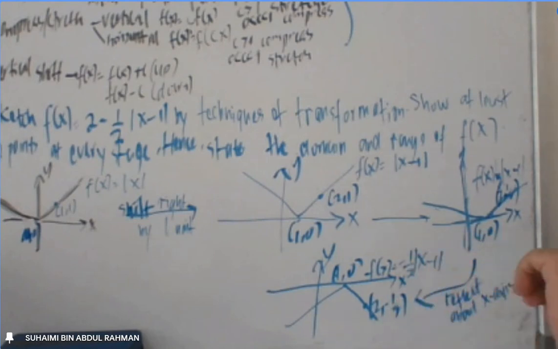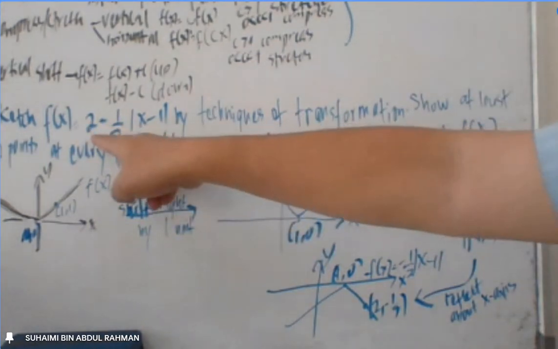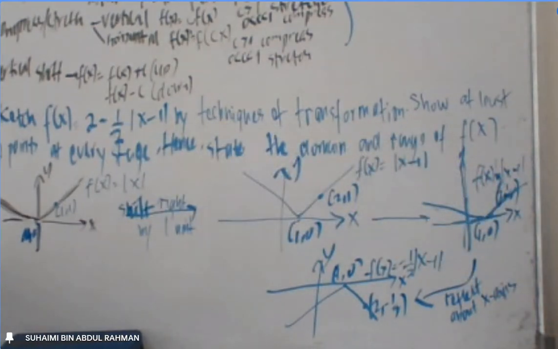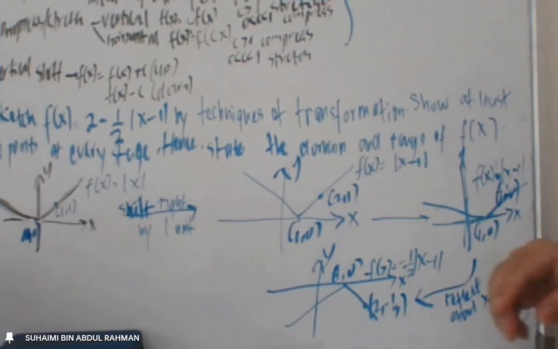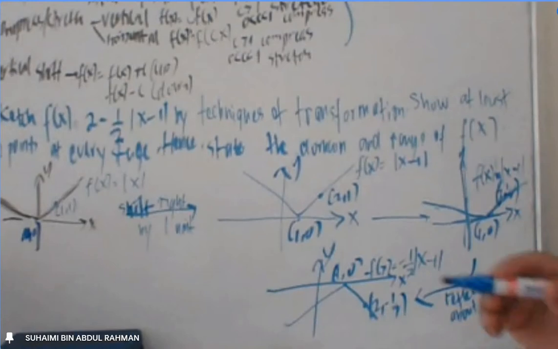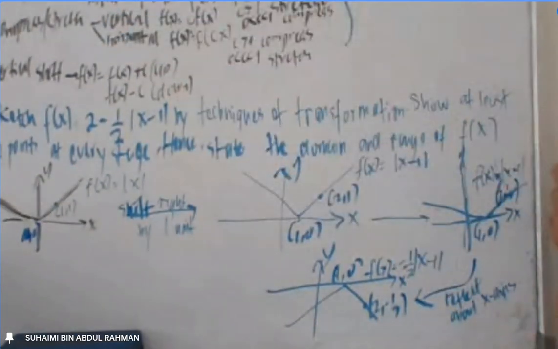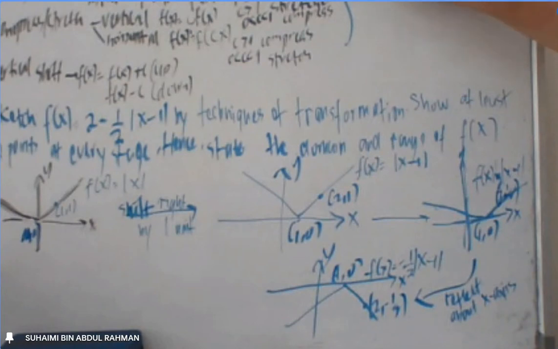Up till here, we have one more to go, which is the plus 2. Plus 2 means what? Vertical shift. We go step by step. The first one, and then the second and third can be interchanged.